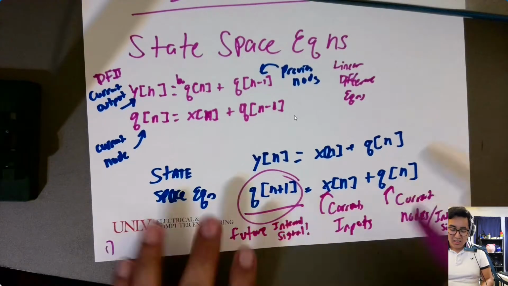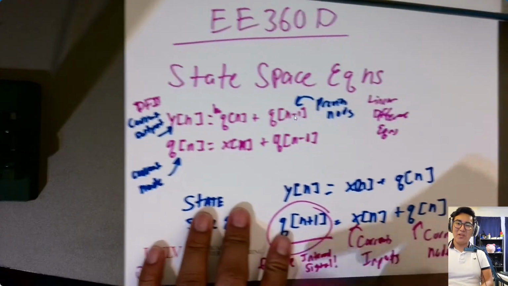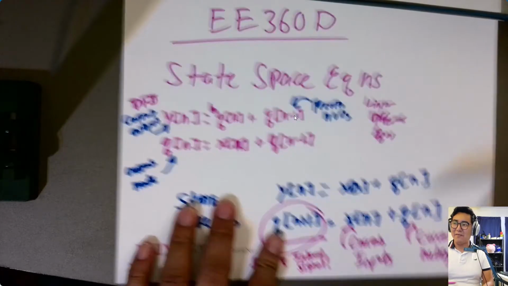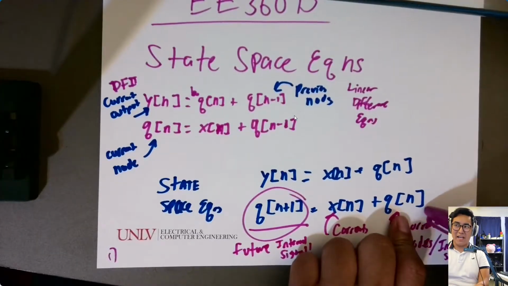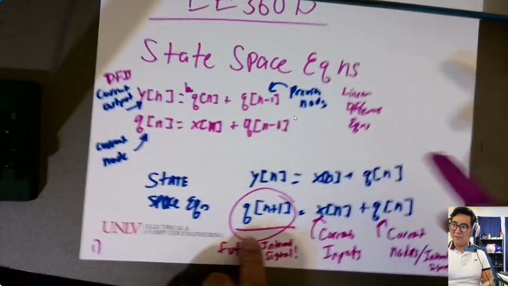So to re-elaborate, we're solving for the next state of a system. We're using whatever we have in our memory right now and predicting the future.